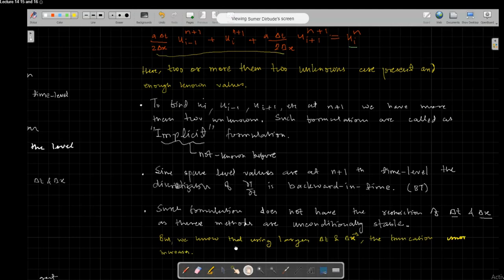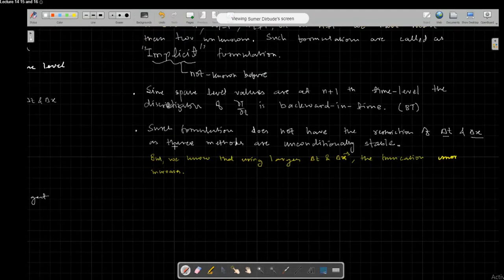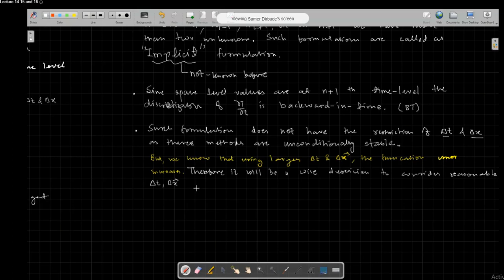Therefore, even though there is no stability restriction, it will be a wise decision to consider reasonable delta t and delta x values.